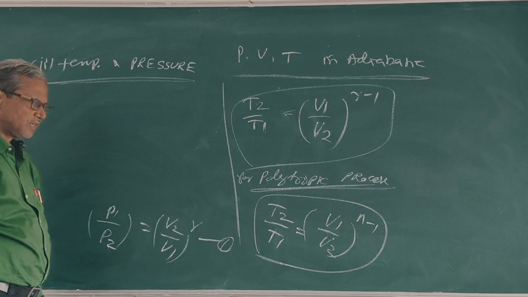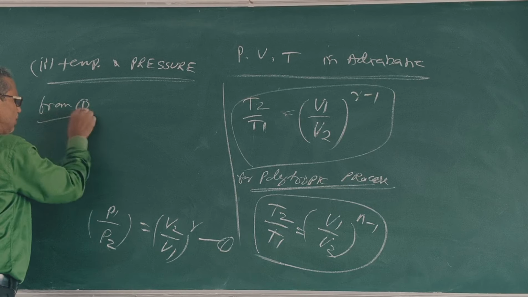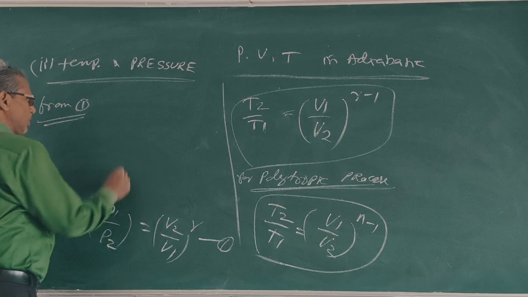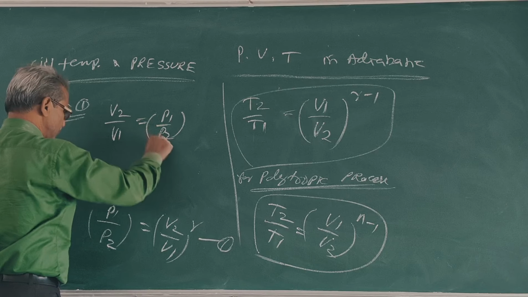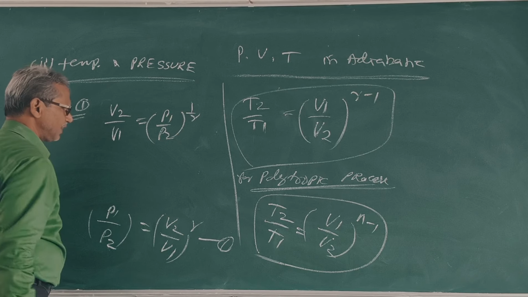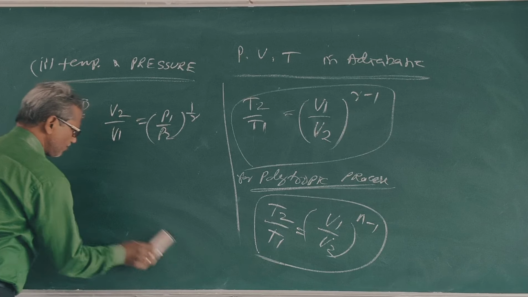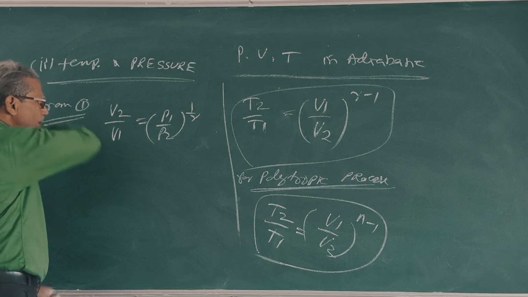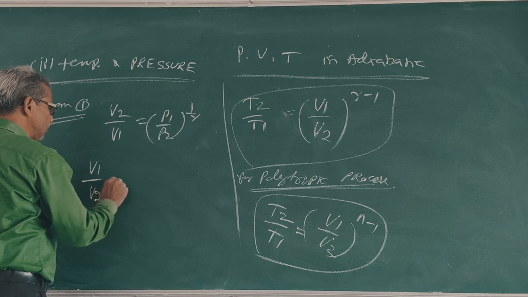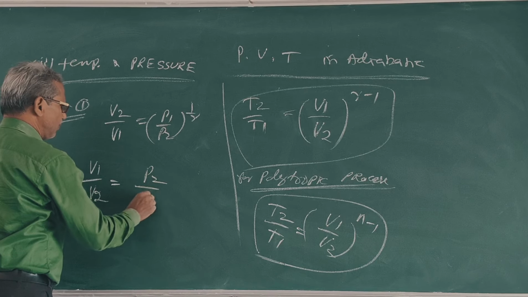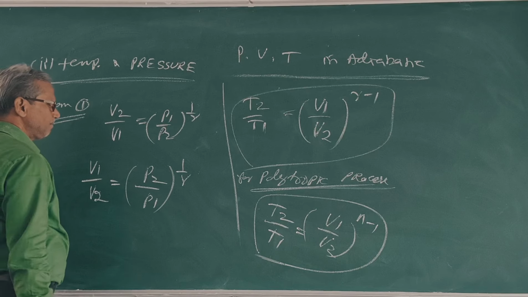Now from equation 1, V2 by V1 is equal to P1 by P2 to the power of 1 by gamma. Clear? Or V1 by V2 is equal to P2 by P1 to the power of 1 by gamma. This is equation 3.